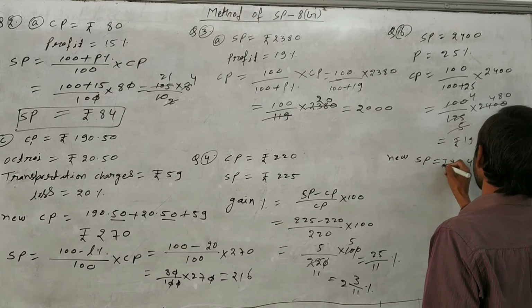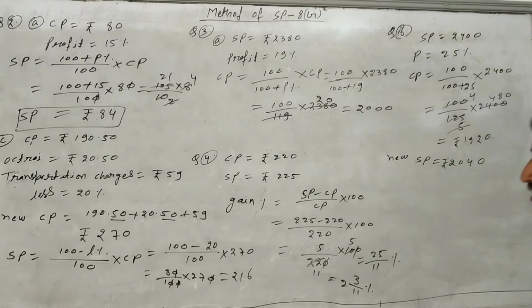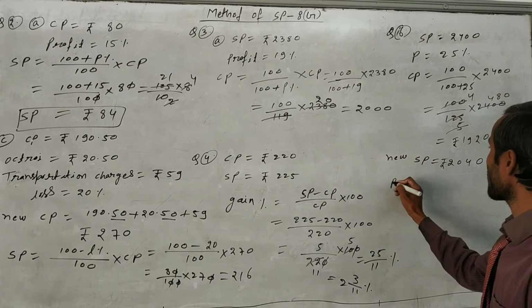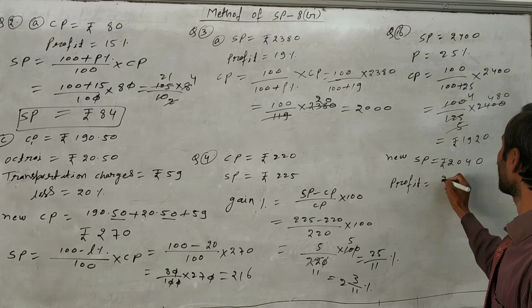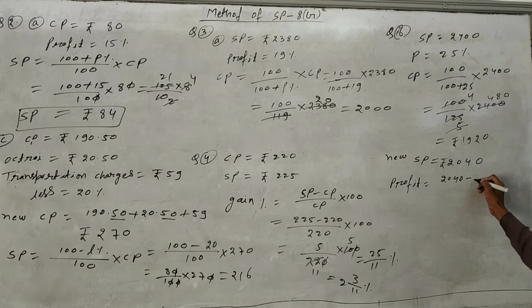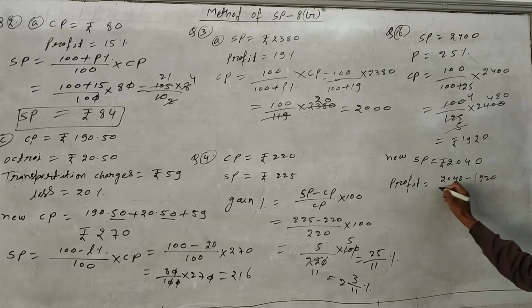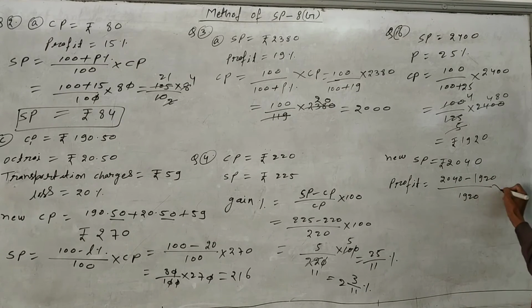What will be the profit percentage? Now we have to find profit percent based on this SP. So profit percent is equal to 2040 minus CP 1920 upon 1920 into 100.